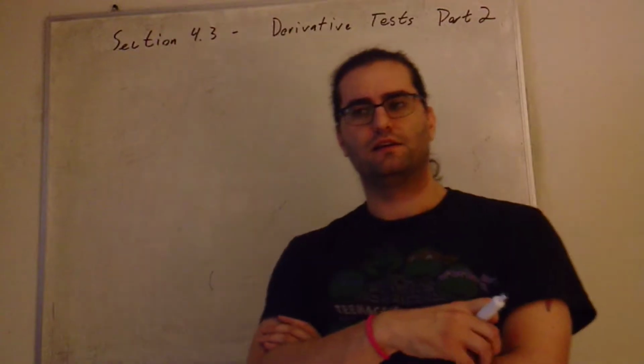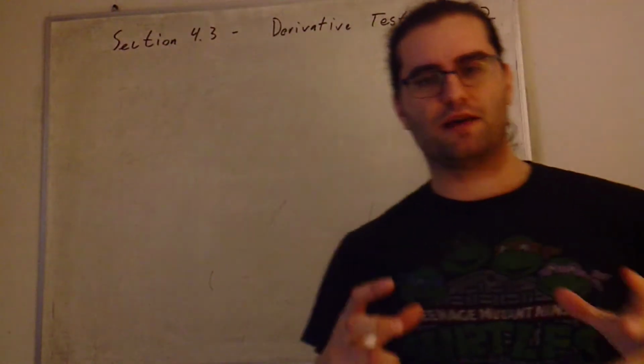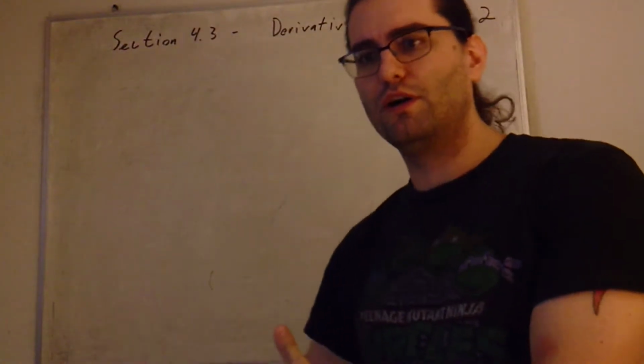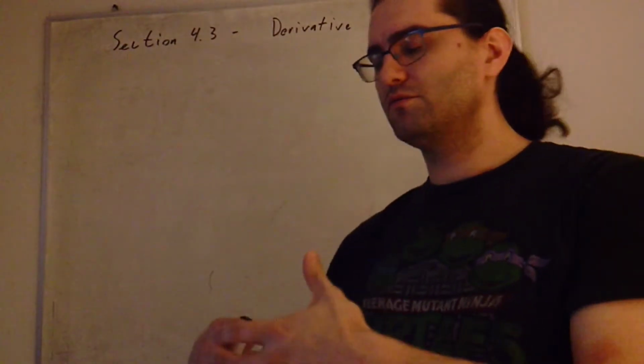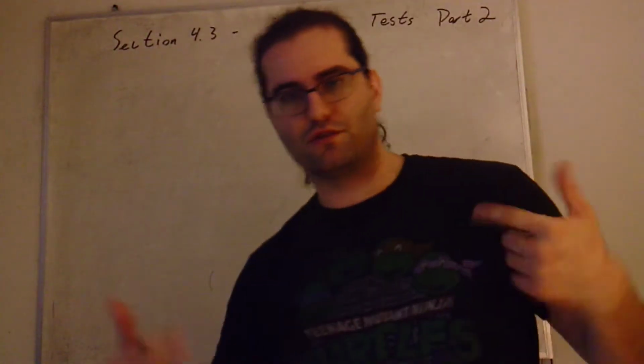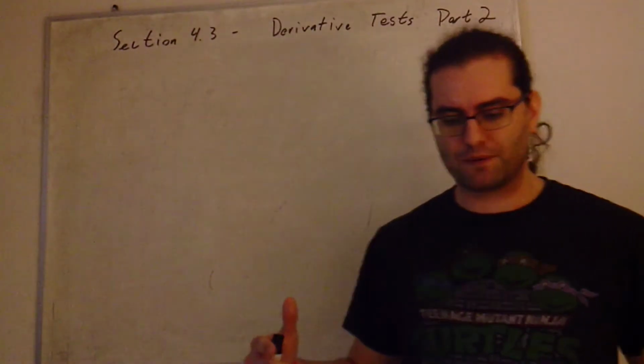And then once we have that established, we can talk about what the second derivative test is checking for, and then we'll be able to use both tests on a given example so that you can see how they compare and what they both look like.